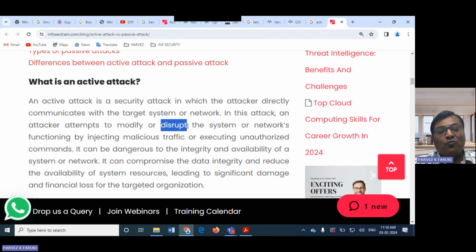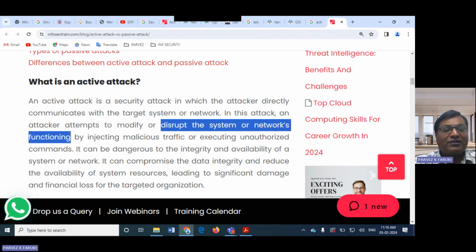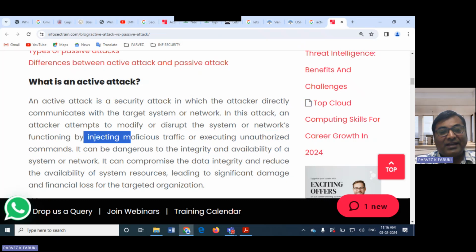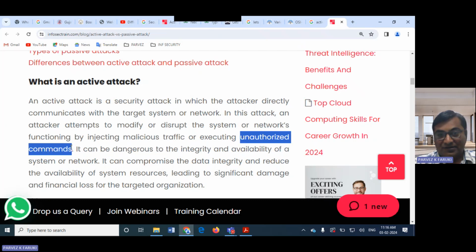He would like to modify and disrupt the system or the network functioning by injecting something which is not good. In short, we are trying to attack a genuine server or a client using injection methodology or executing unauthorized commands.